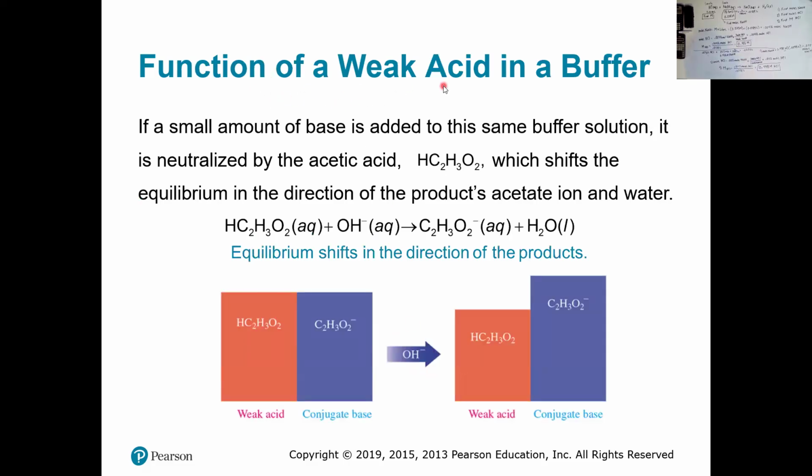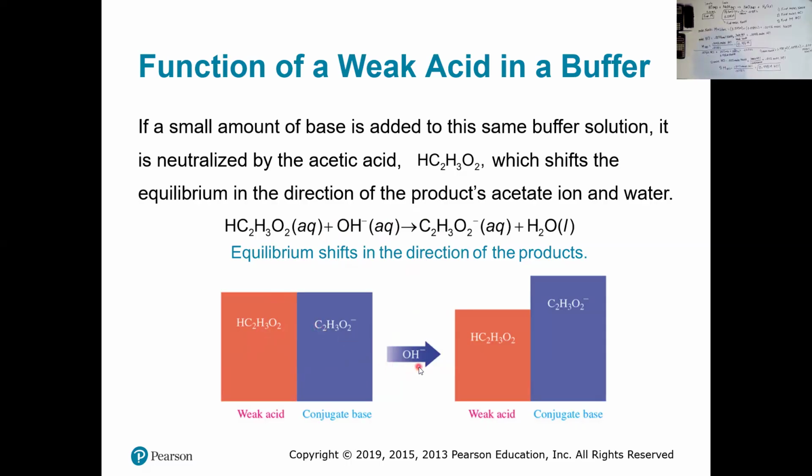When you have a weak acid in a buffer, the weak acid is going to try to combine with any base that's added. And as it combines with a base that's added, the weak acid itself gets used up and it forms more of the conjugate base. So you see here, in this case, we started out with a weak acid and the conjugate base.